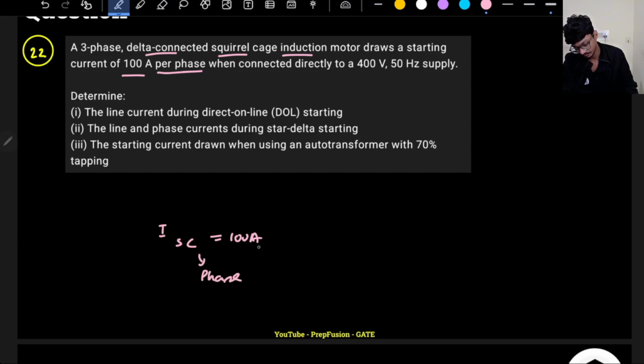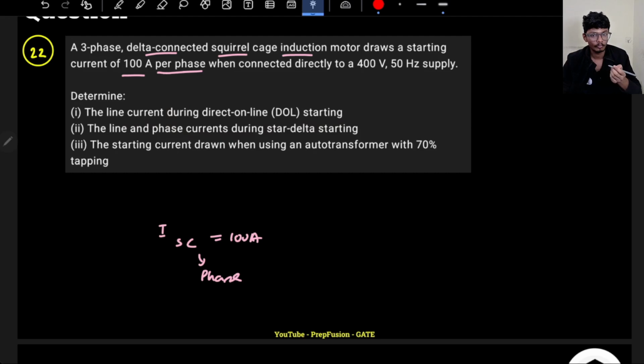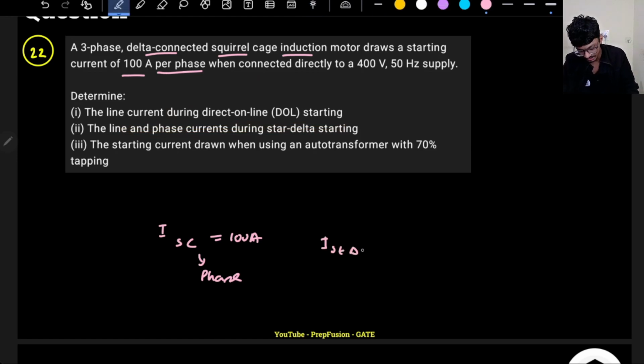They have mentioned it. Okay, what will be the line current during direct online starting? Simply, what is the line current? Line current will simply be root 3 times the phase current. So they have given me the per phase current during direct online starting. No starter is there, I'm directly connecting it. What is the line current? In starting delta, what will be the line current?